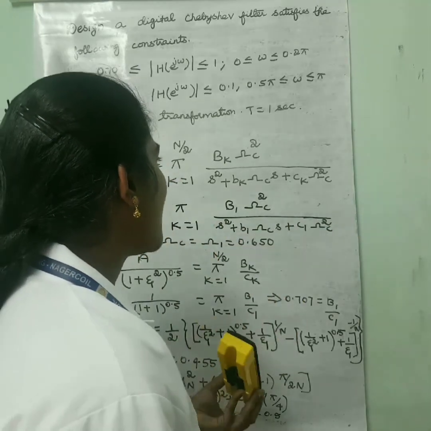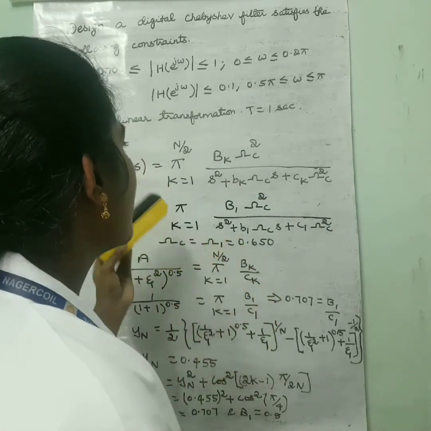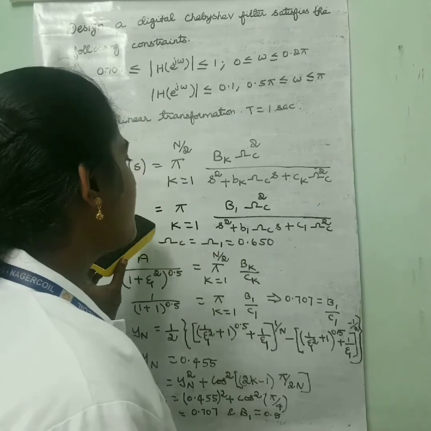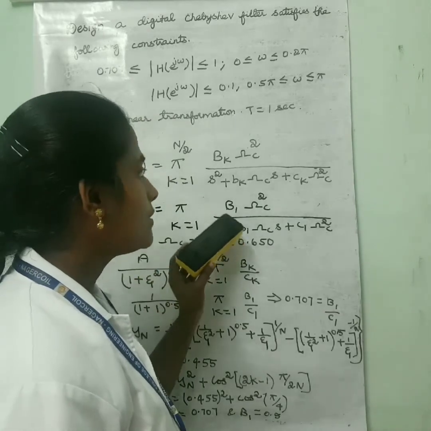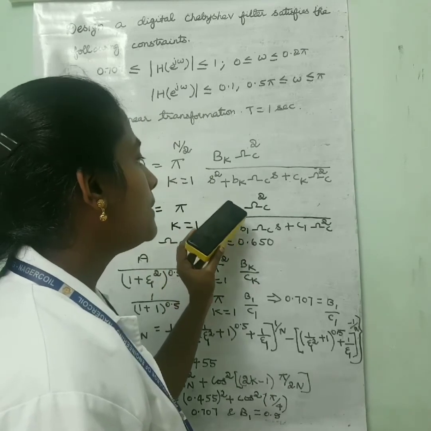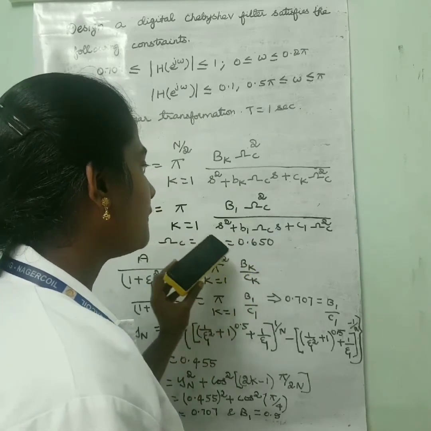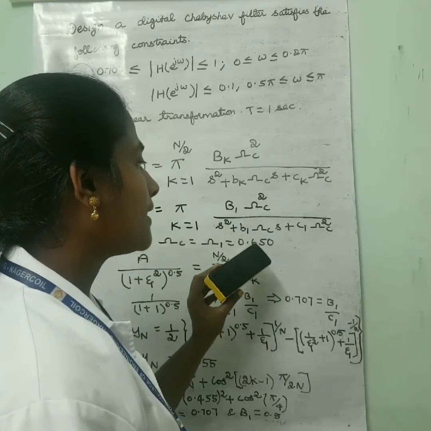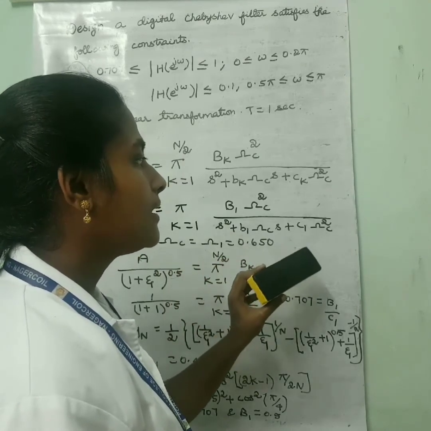Now substitute the value of n. So you will get 2 divided by 2 is 1. So product k equal to 1 into, you substitute the value of k equal to 1. So you will get b1 omega c square divided by s square plus b1 into omega c s plus c1 into omega c square.